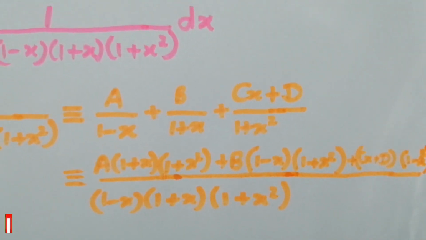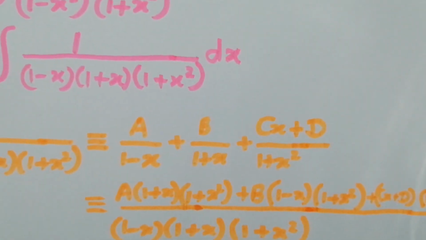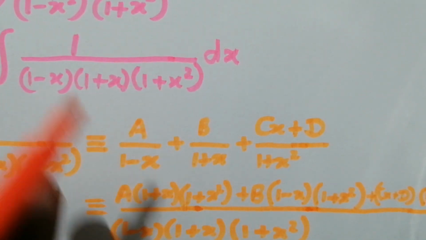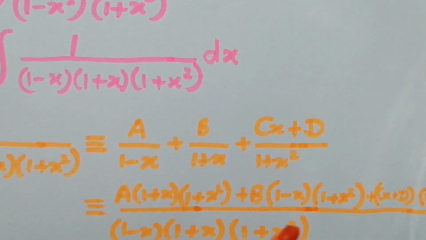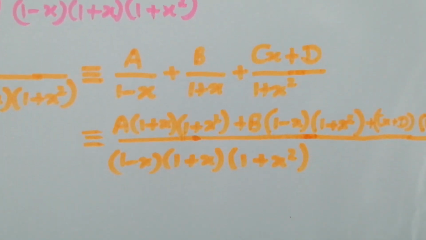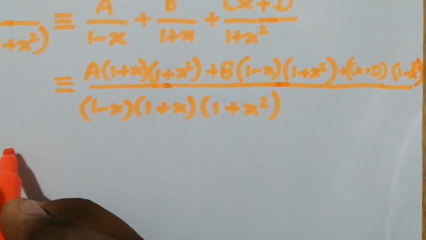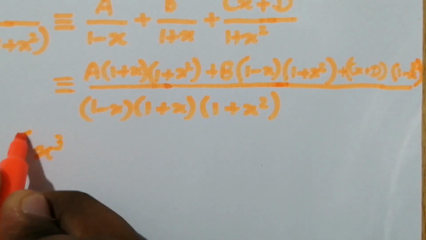Okay, now I am comparing here. The numerator in here is 1. I am comparing the coefficients of the x terms of both the numerators by equating the coefficient of x to the power 3.